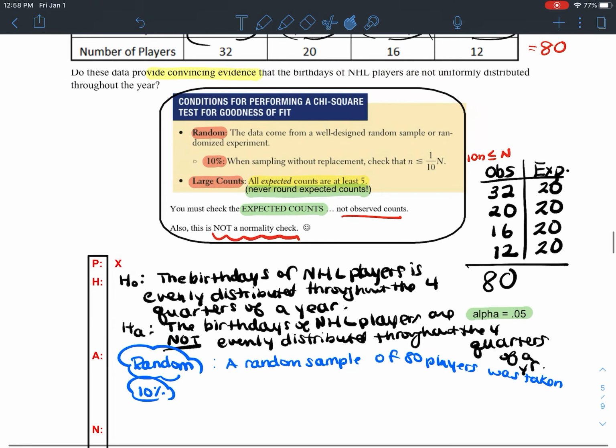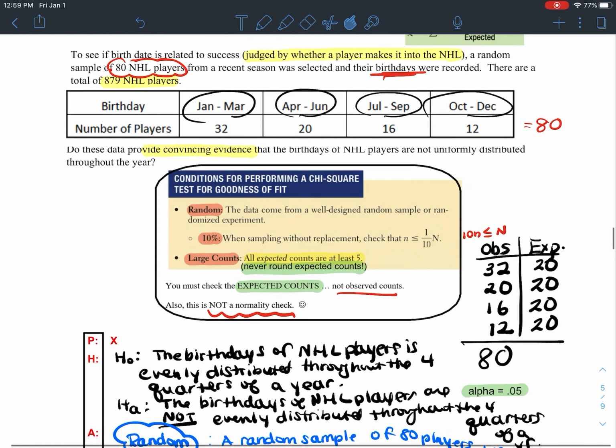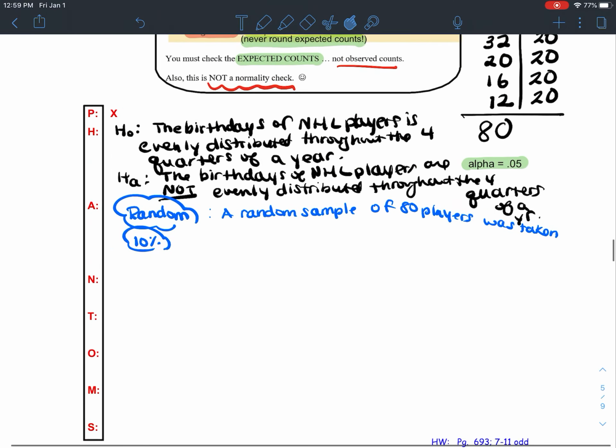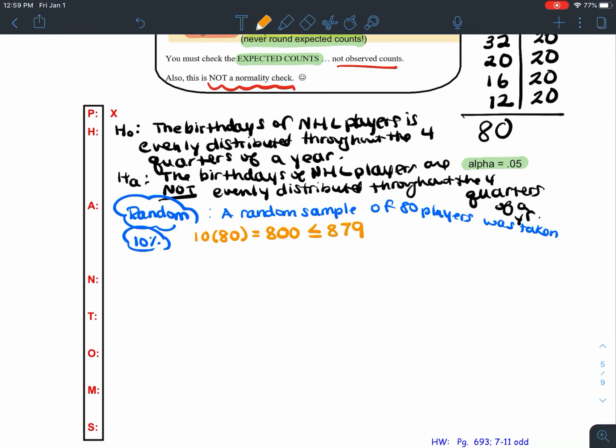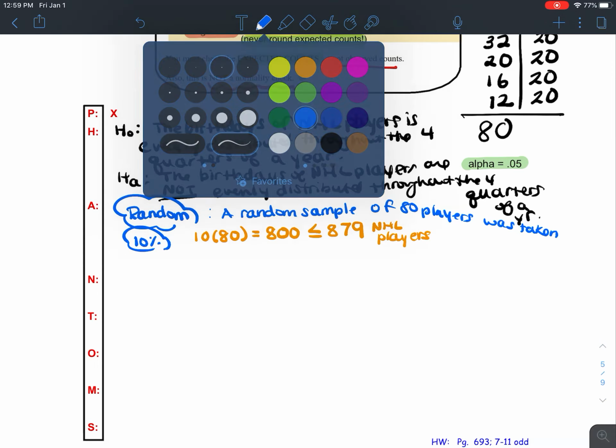Okay, we're going to show the 10% condition, and this is why they told us in the problem that the National Hockey League consists of 879 players. That was listed there for our benefit, so when we do the 10% condition and we multiply our sample size by 10, we make sure that that is still less than or equal to the total number of National Hockey League players, which it is.